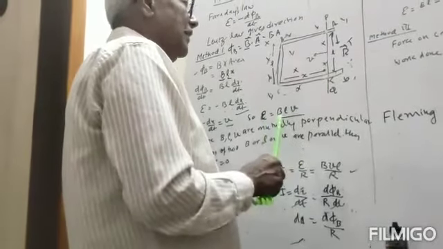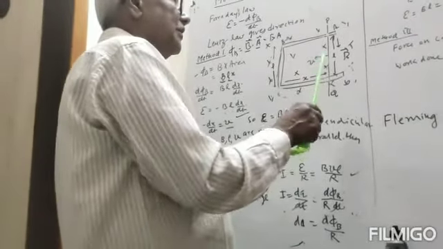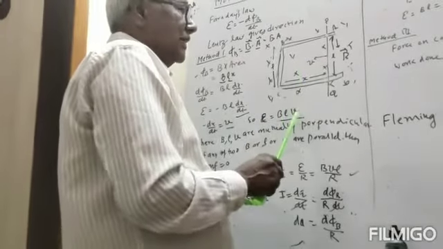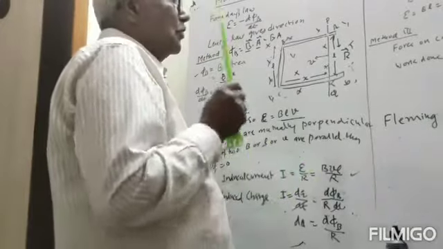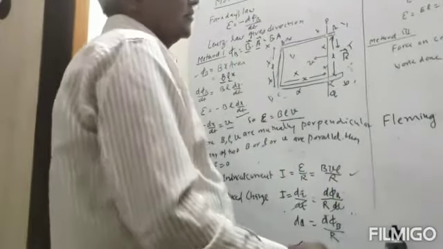B is the magnetic field, L is this length, and V is the velocity.